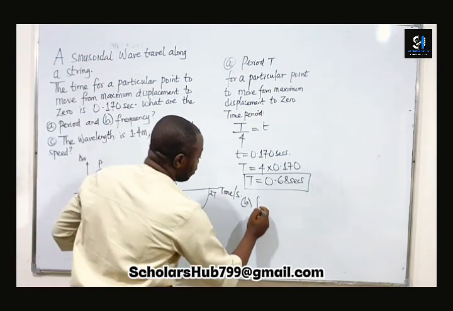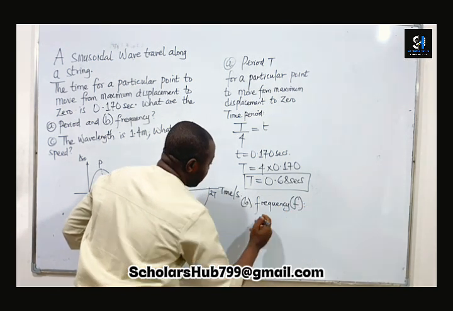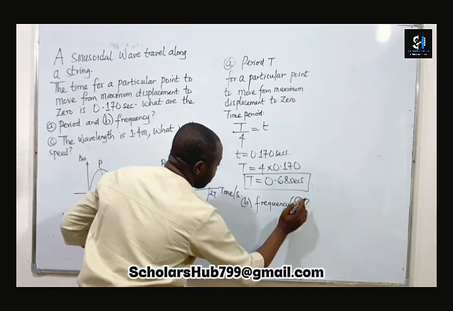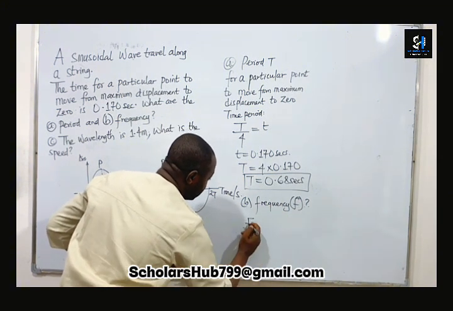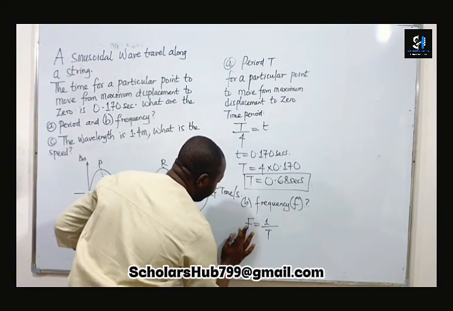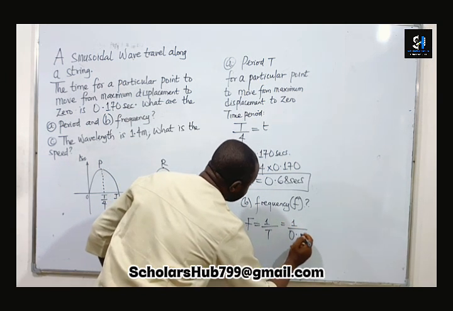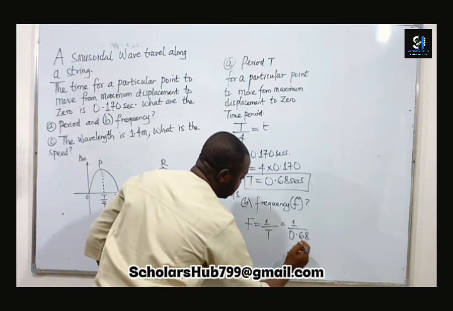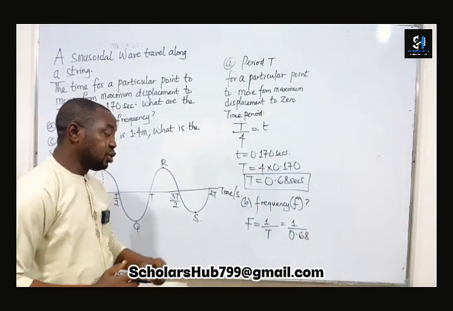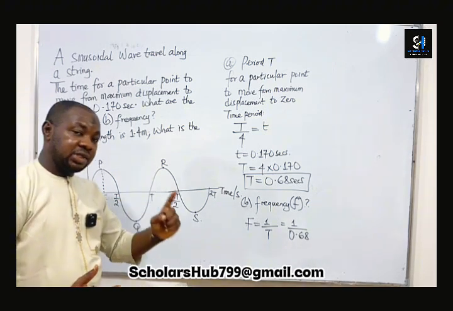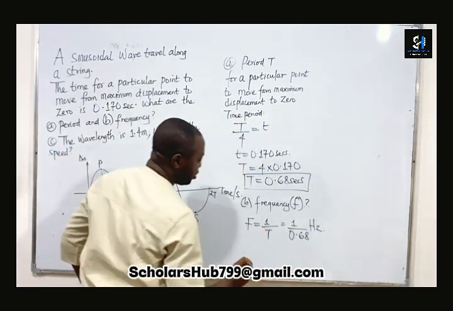So to calculate the frequency F, we have F equals 1 over T, which is 1 divided by 0.68 seconds. Per second is the unit of frequency, so 1 per second equals 1 hertz.